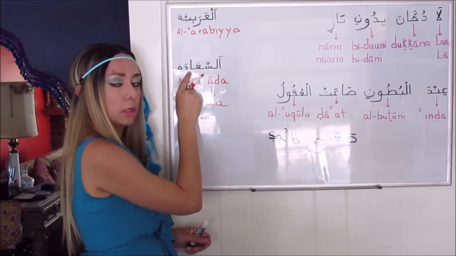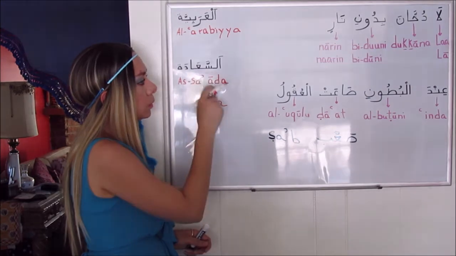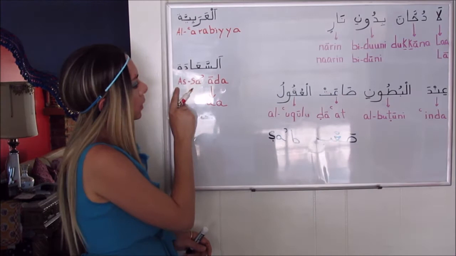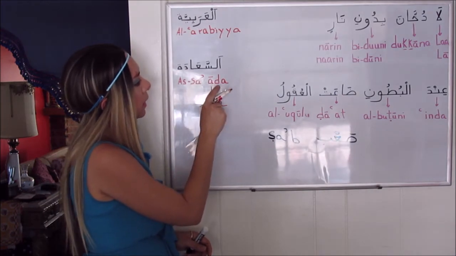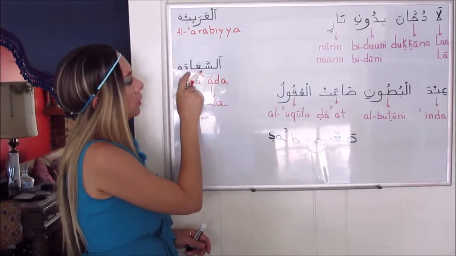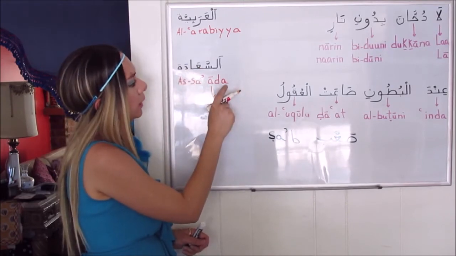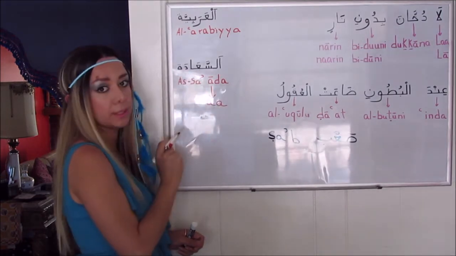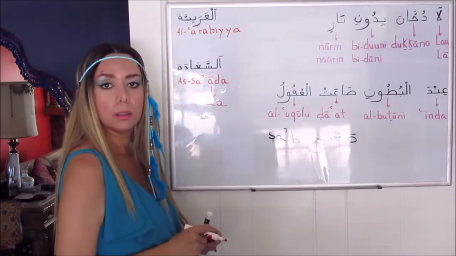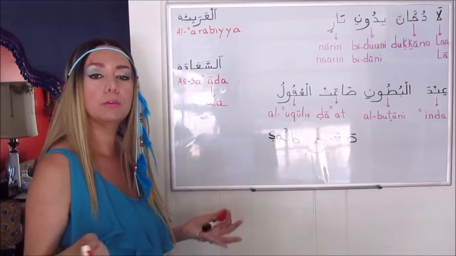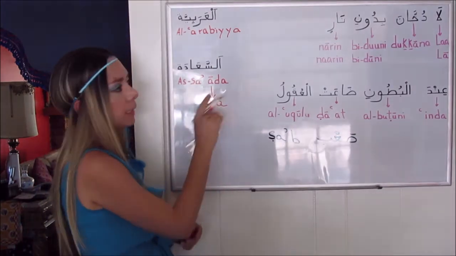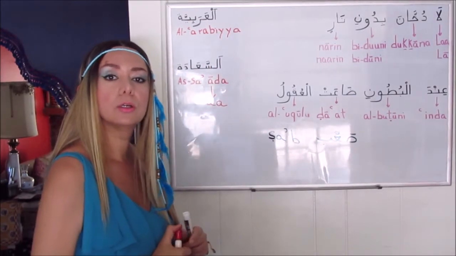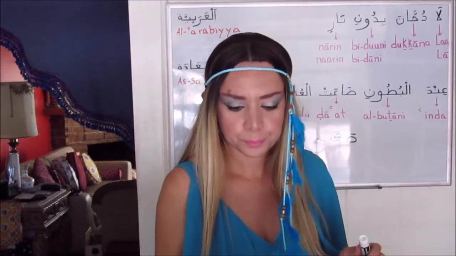So fatha plus long vowel alif equal an overlined A or two A's. So we have sa, da, and the D for dal followed by the letter A that represents the fatha, and the ta marbuta, we don't even pronounce it. So this is as-sa'ada. So two ways to transliterate the definite words.